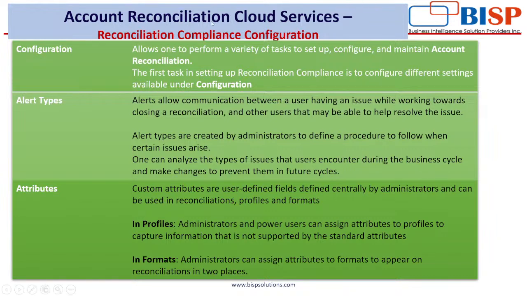As I said, this is the first task in setting up reconciliation compliance: to configure the different settings which are available under configuration. So what are those settings which need to be configured?